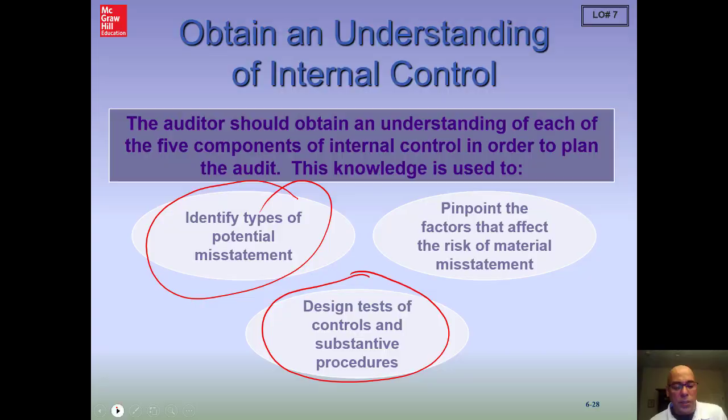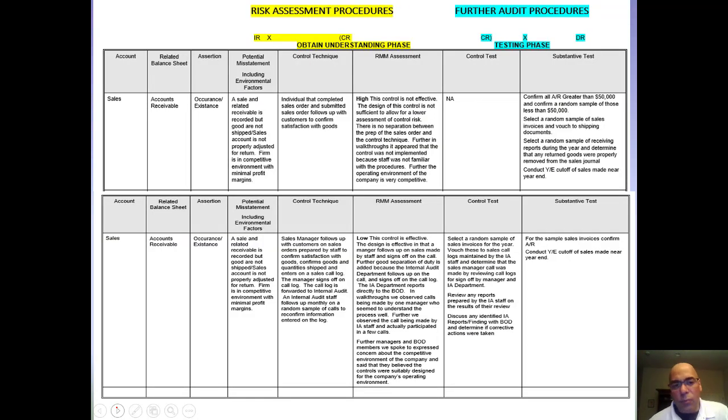And remember, I laid this out in another chapter where we were talking about the sales accounts receivable, right? We looked at the occurrence assertion, we thought about the potential misstatement, we lined up the control activity, we then looked at the controls and made an assessment of our risk of material misstatement.